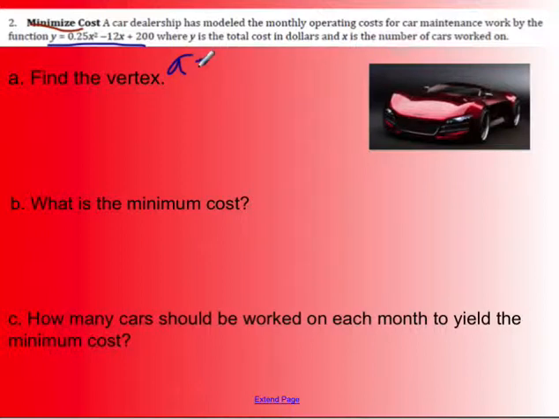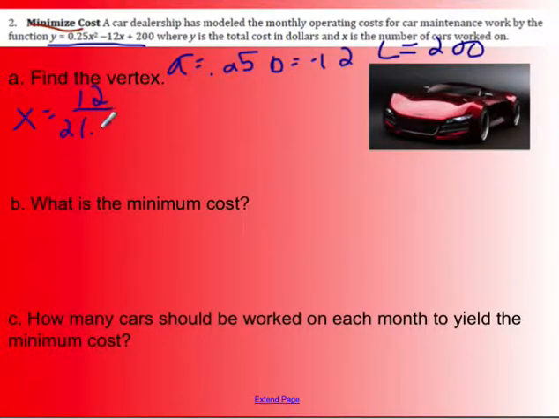A is 0.25, B is negative 12, and C is 200. So let's plug that into our formula. x is equal to the opposite of b, so that b is going to become positive, over 2a. So that's going to be 12 divided by 0.5, which is going to give me 24.